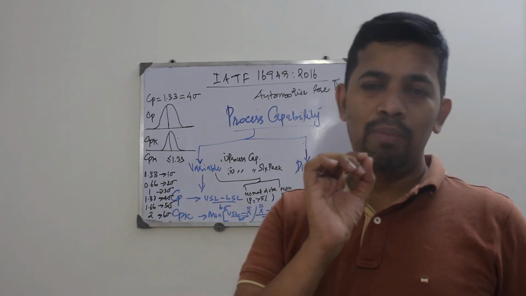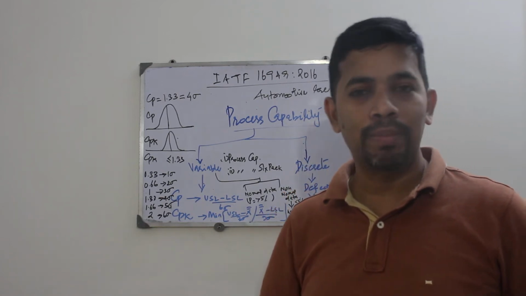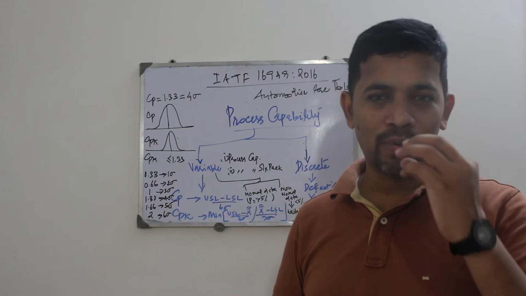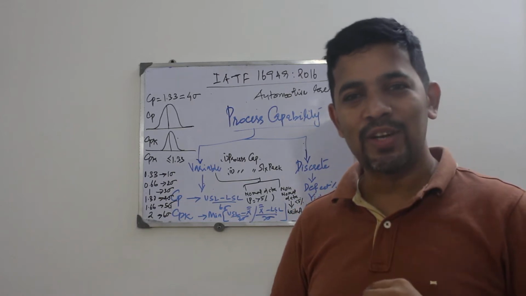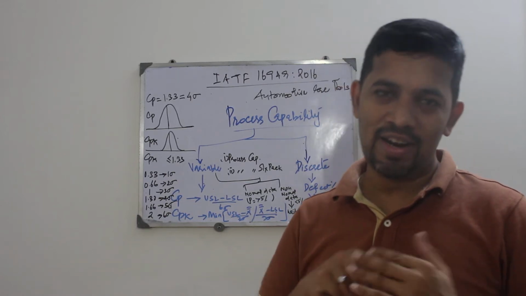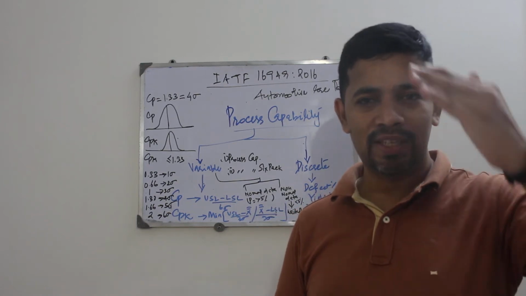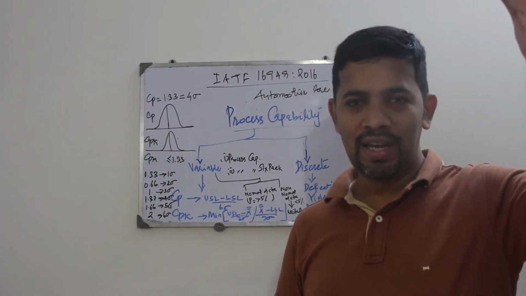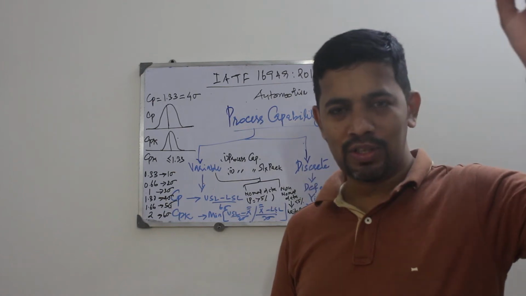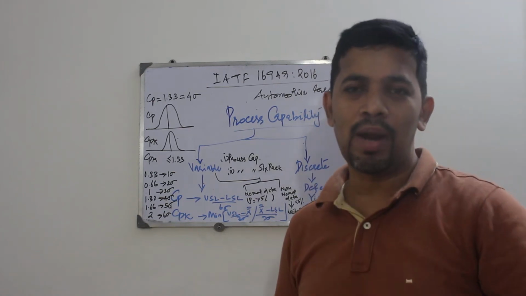There is also a very important point: whatever data you have, you need to test whether your data is normal or not normal. To do that, very simple, in the menu tab you go to Stat and then all the way to Normality Test.